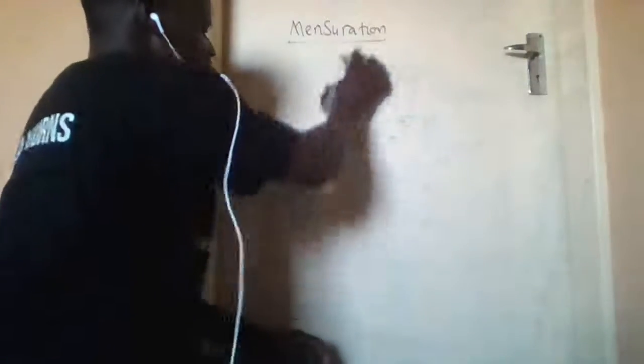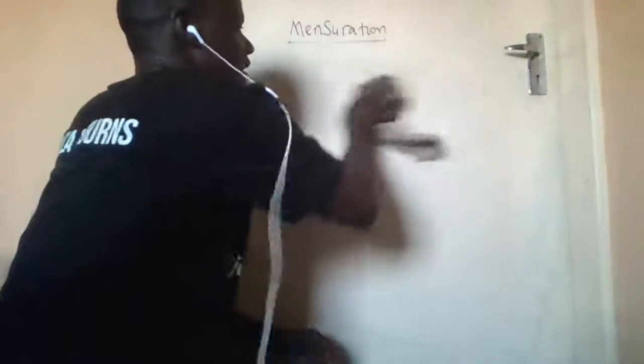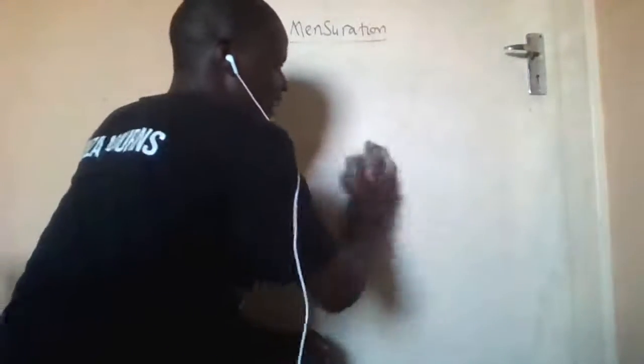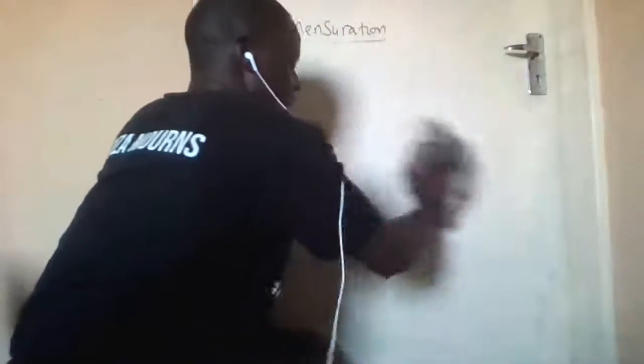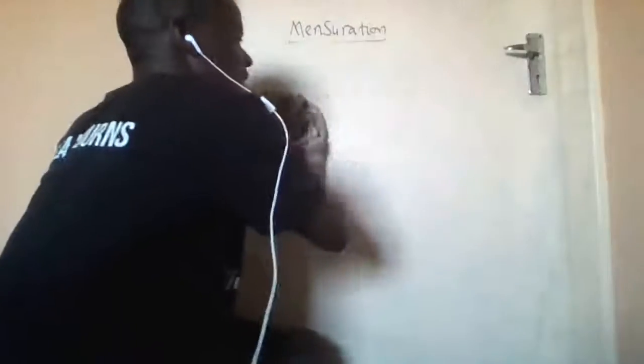So this one, I may not go to the sliced one, maybe because of time, but I can just give an introduction of it. Then tomorrow or the other day, I can come and solve one of the examination questions.